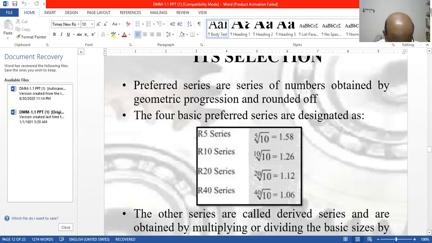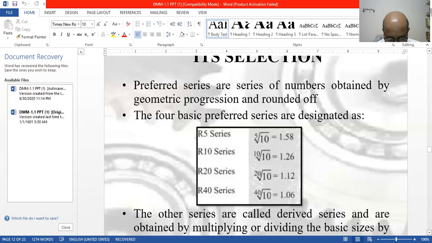That is the use of preferred numbers. Another series is 1, 1.25, 1.6, 2.00, 2.50, 3.15, 4.00, 5.00, 6.30, 8.00, 10.00.